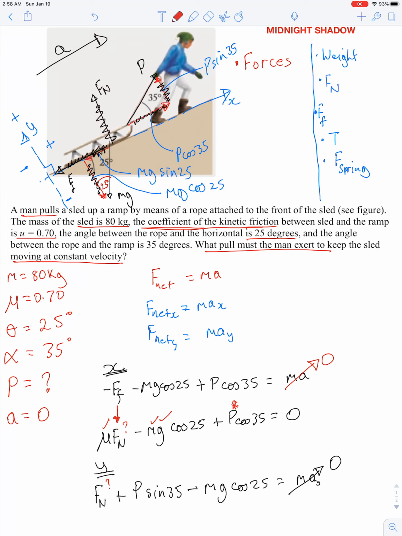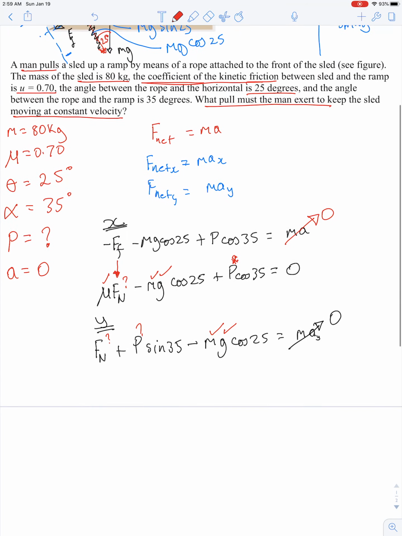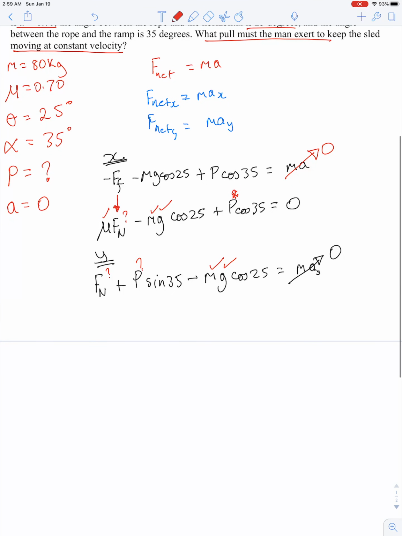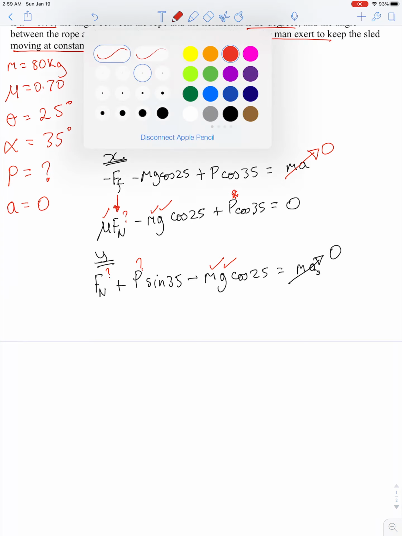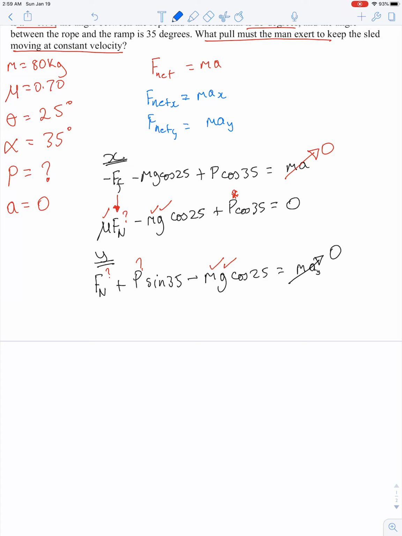I'm missing this, I know this. Once again, we do not panic. Never. Okay? We don't become omelets. What we do is just follow the procedures that we have. Now, this is what you call a system of equations. I will do a separate video to explain systems of equations.